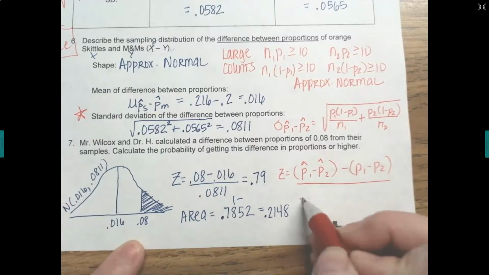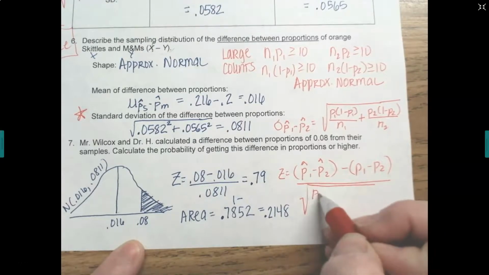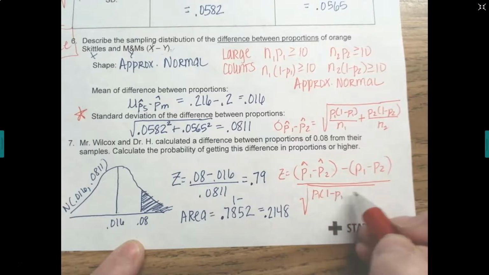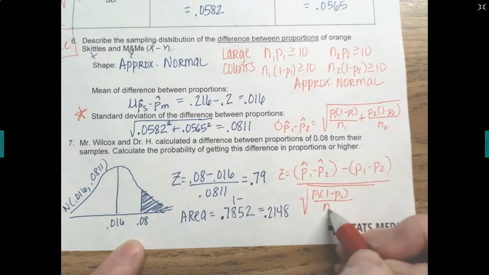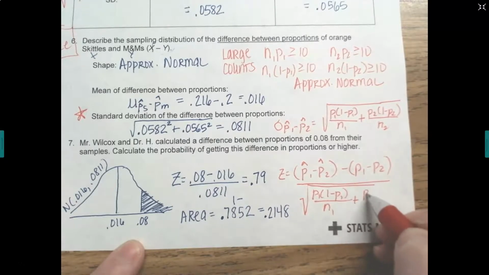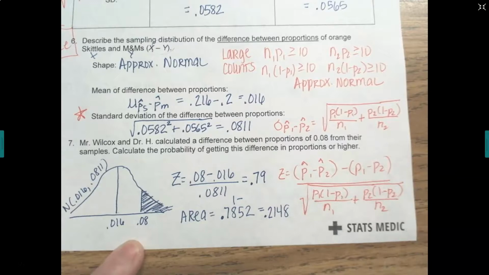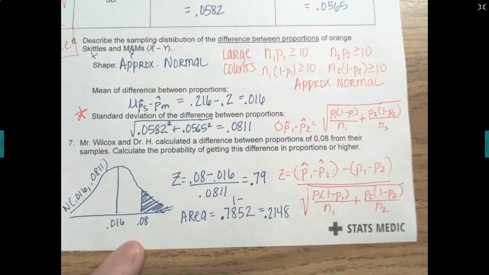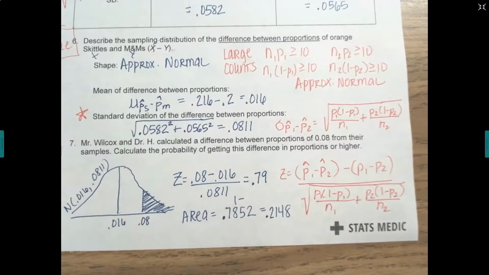And then we got our standard deviation by this big long standard deviation. Okay, so it looks big and crazy, but it's the same thing that we've been doing all along. It's just telling you where the numbers actually came from. So let's flip this over and make sure you get your takeaways.